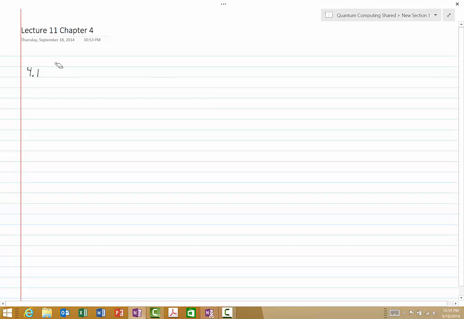For all of the exercises labeled 4.1, or for all parts of exercise 4.1, the directions are the following. Give the matrix in the standard basis for the following operators.